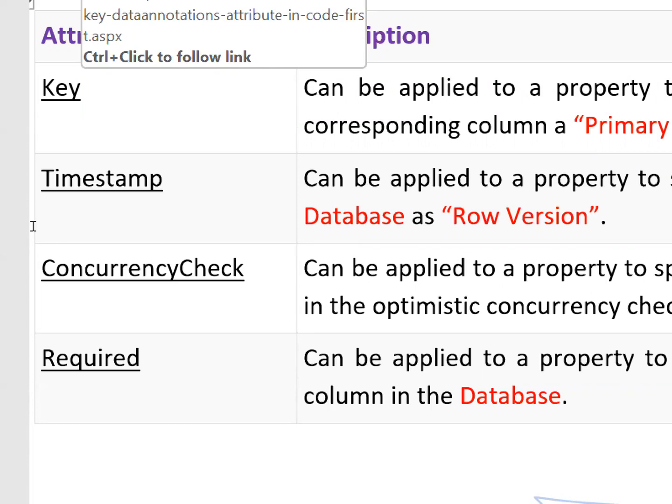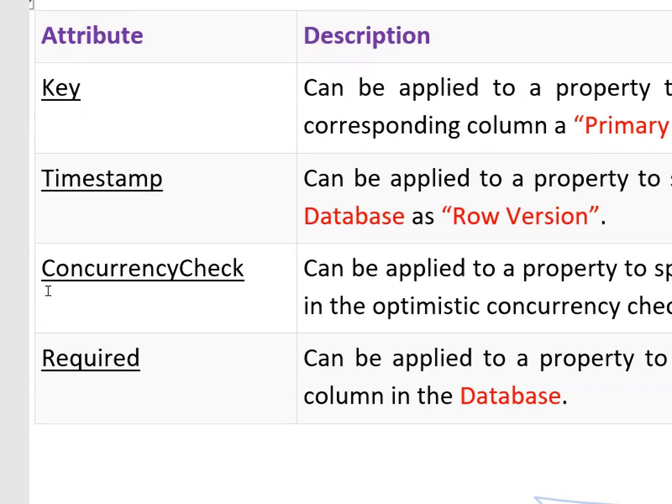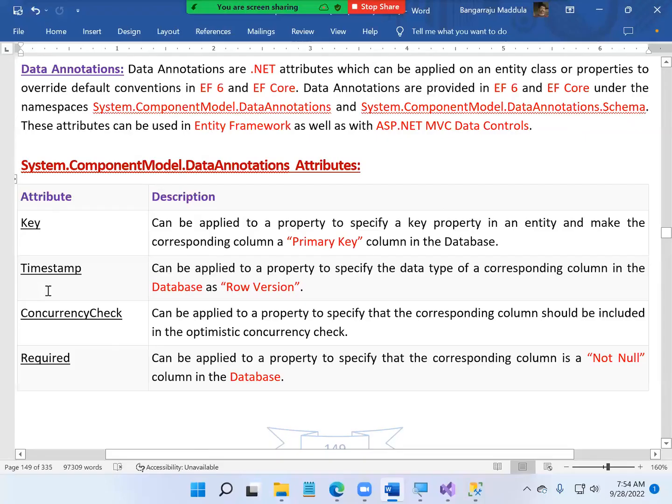Okay, Timestamp. What is timestamp? I don't know whether you have thought about this in SQL Server or not. In SQL Server, we have a data type called timestamp. We don't store any values into it manually. When you create a column with the data type timestamp, we cannot insert or update it at all.